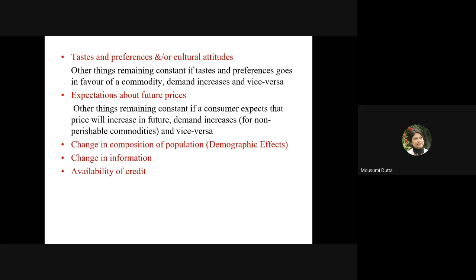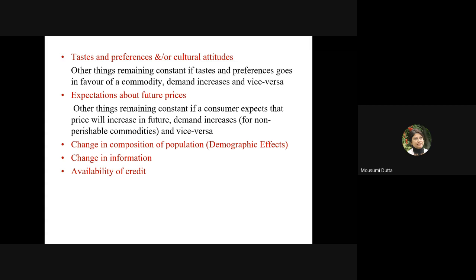The other important external determinants are taste and preferences and cultural attitudes. Actually, taste and preferences are developed using the culture. Other things remaining constant, if tastes and preferences go in favor of a commodity, demand increases and vice versa.